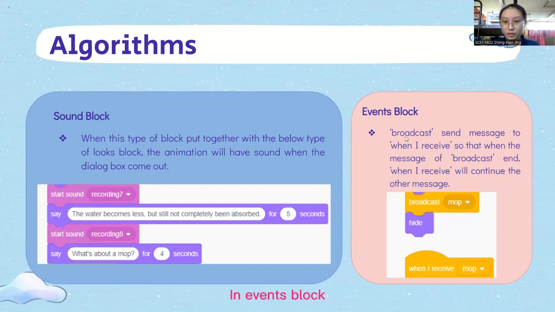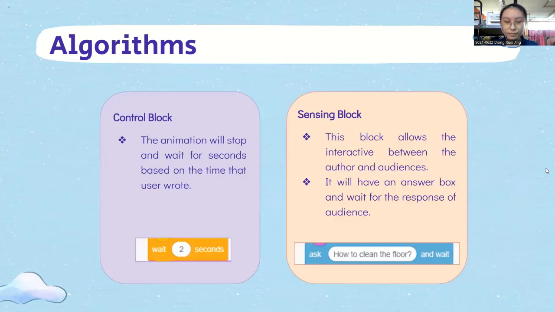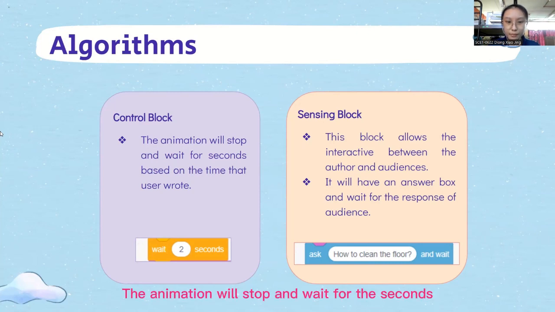In the events block, broadcast sends a message to when I receive, so that when the message of broadcast ends, when I receive will continue with the other message. Next, I will explain about the control block. The animation will stop and wait for the seconds based on the time that the user wrote.